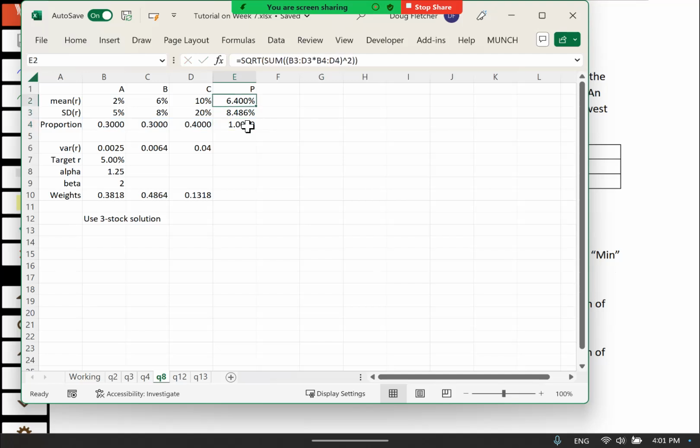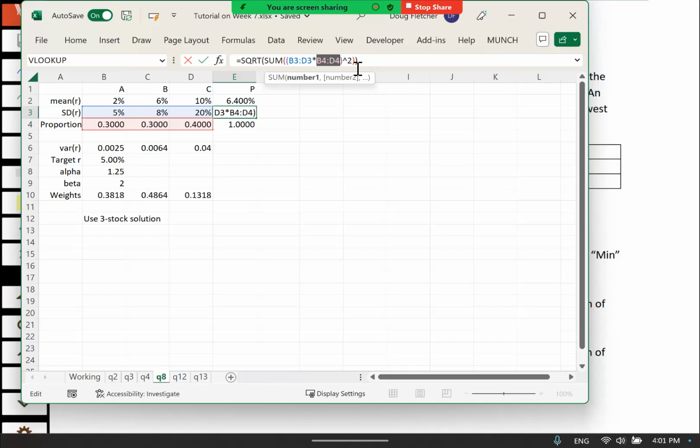And then here I'm calculating the portfolio return, doing a sum product, taking the vector of returns multiplied by the vector of proportions, and then adding those products to give us the portfolio return. And here I'm multiplying the standard deviations by the proportions.